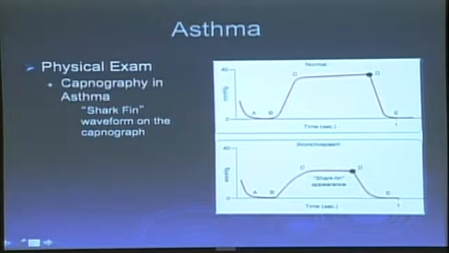Capnography in asthma: you could use your capnography as a cheap peak expiratory flow meter, because capnography in asthma is characteristically a slow expiratory phase tapering off, so you have the so-called shark fin, versus the nice rapid expiratory phase.